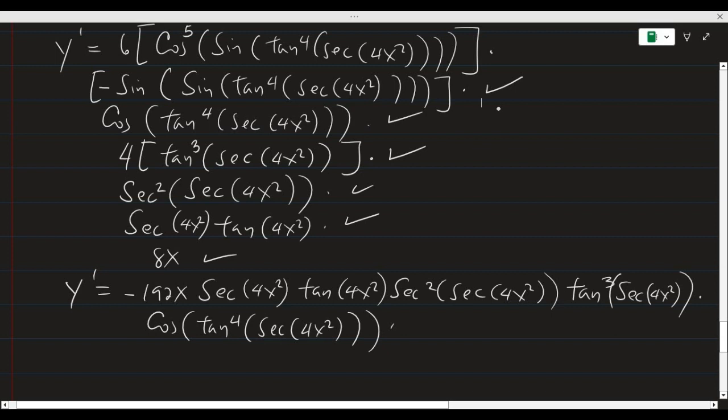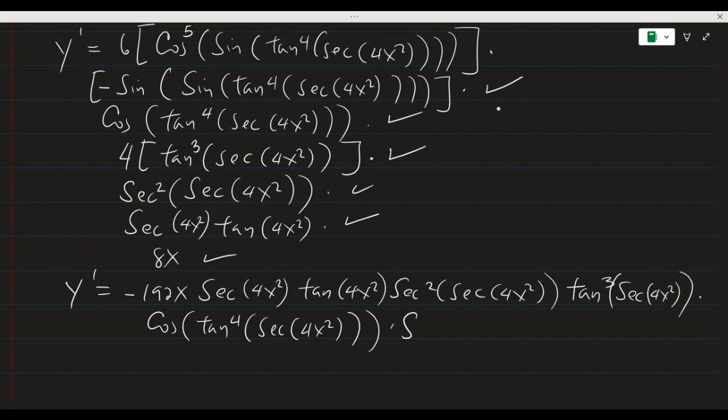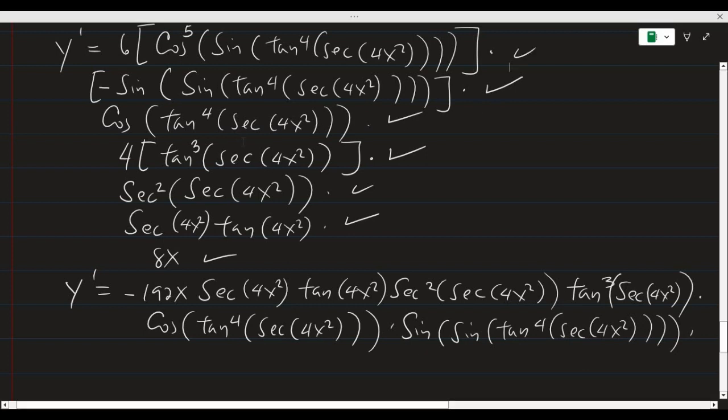What we are left with is sine of sine of tangent to the fourth of secant of 4x squared, and then the last term is this one.